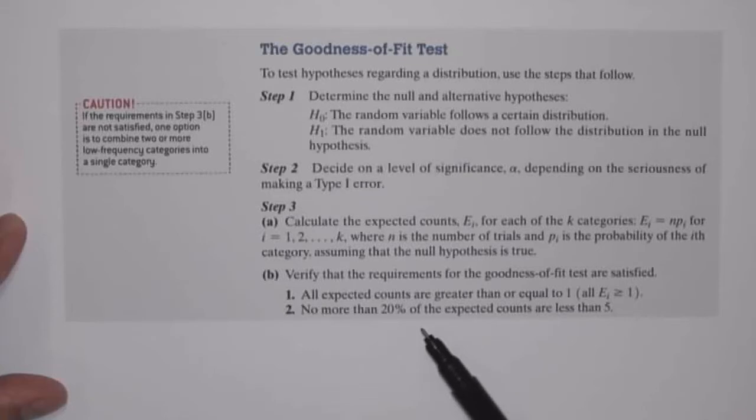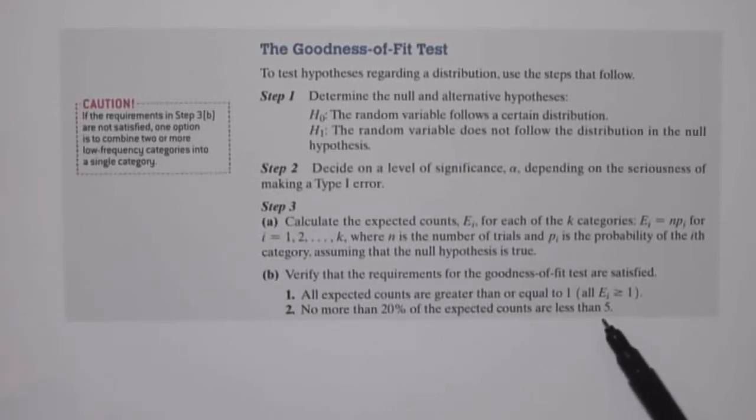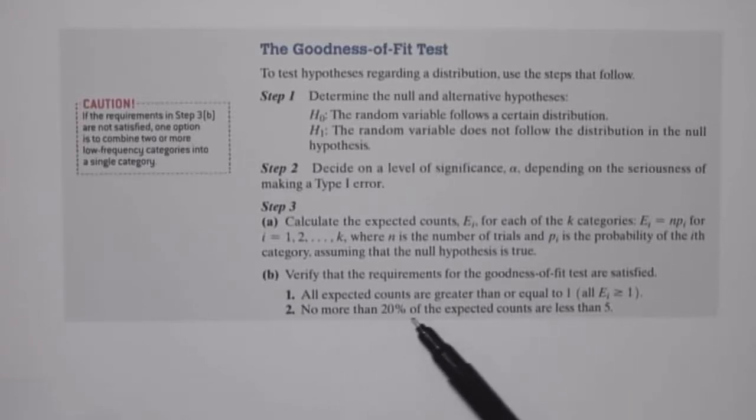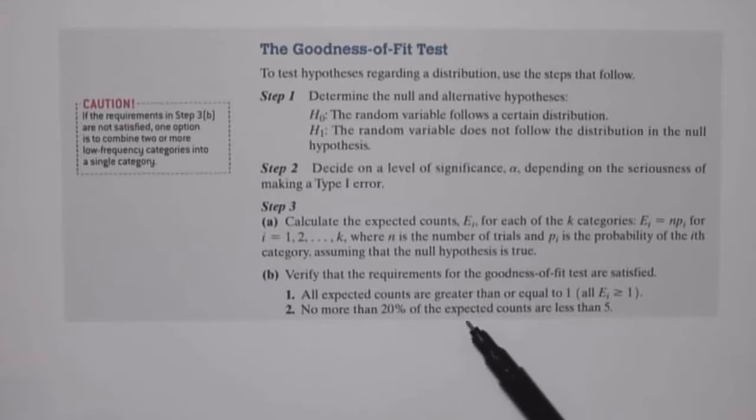And no more than 20% of the expected counts can be less than 5. So we would like all of the expected counts to be larger than 5, but we can settle for some of them being less than 5 as long as it's no more than 20%. So there we're checking for the conditions to be able to use the chi-square distribution.